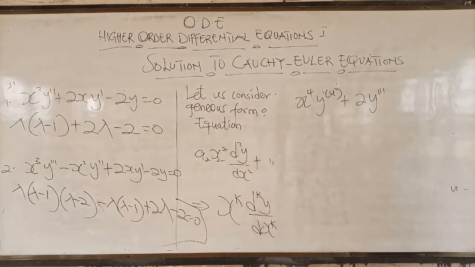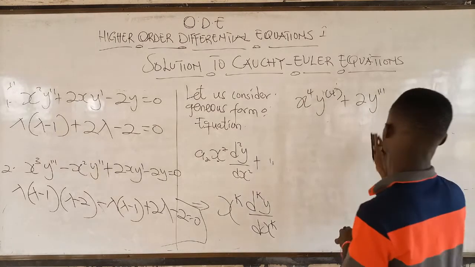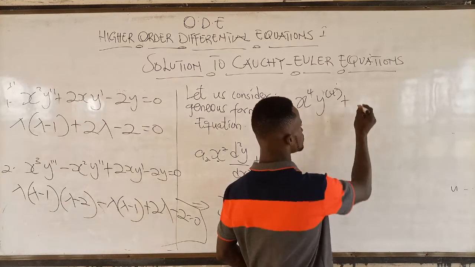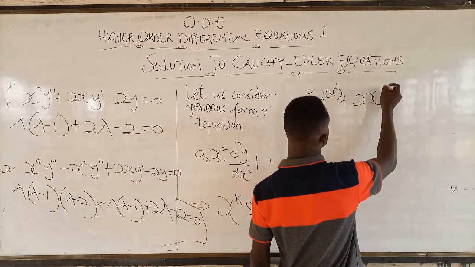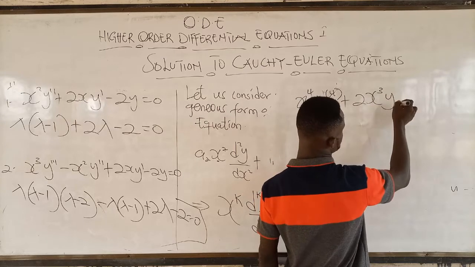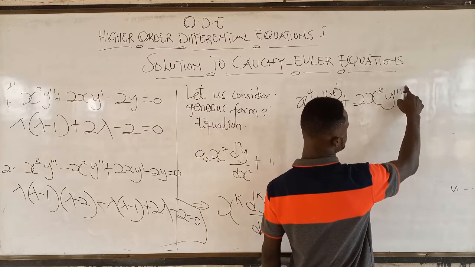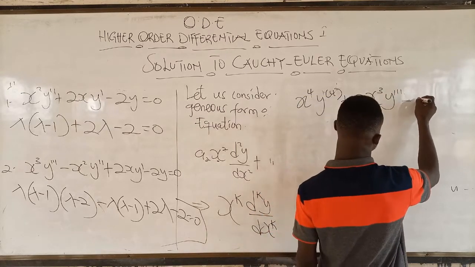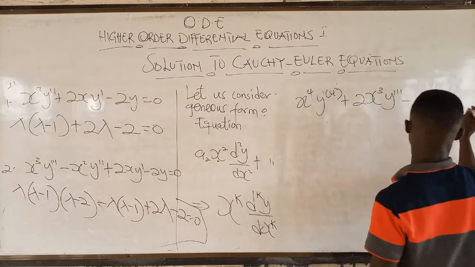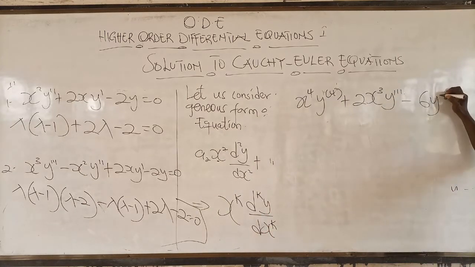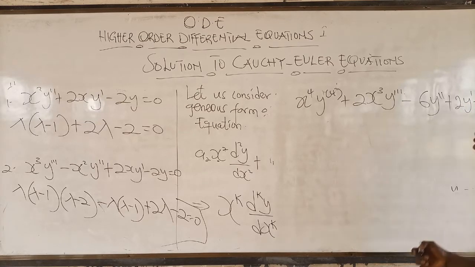In this case, I would like to make it this way. Please, if you can see, it's 3y equal to 0.